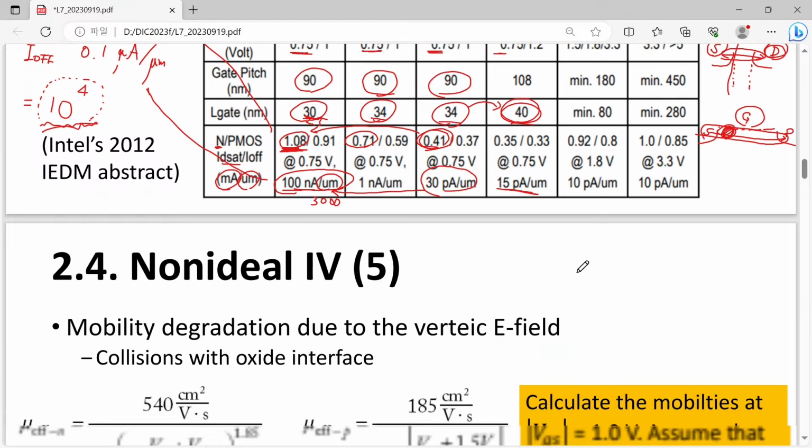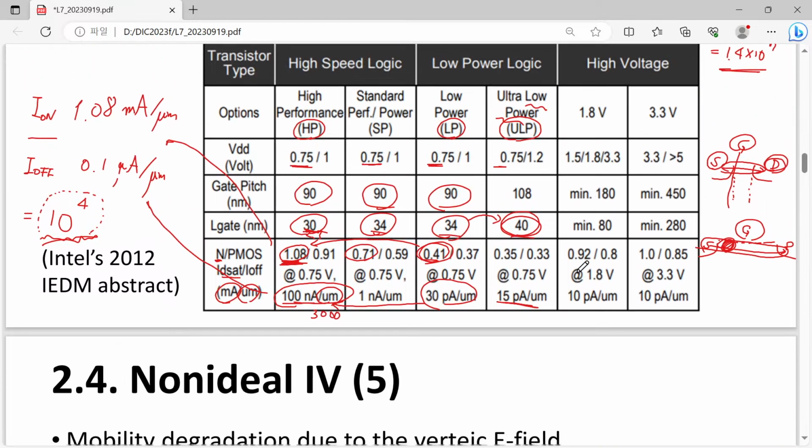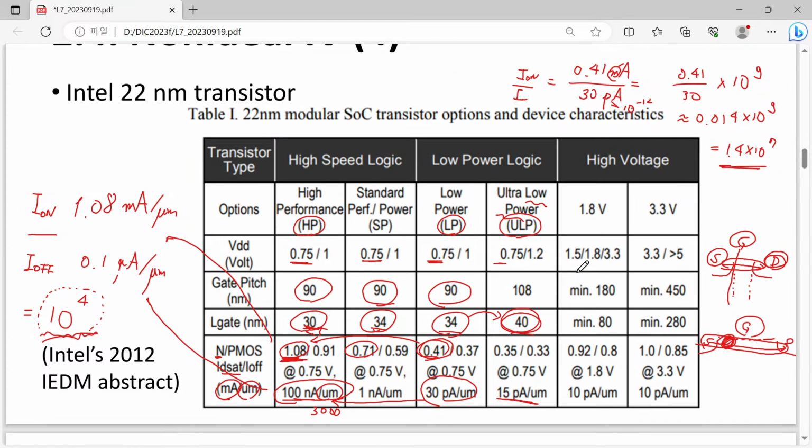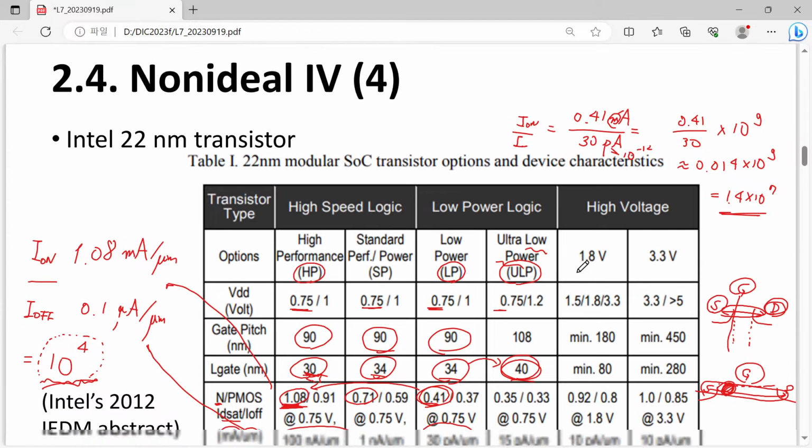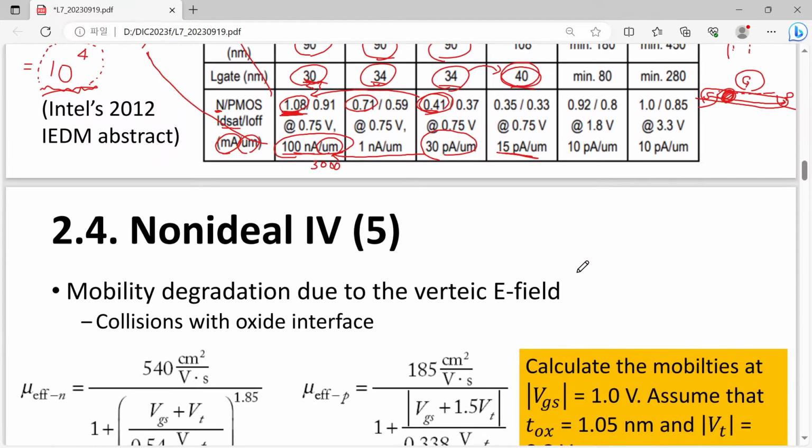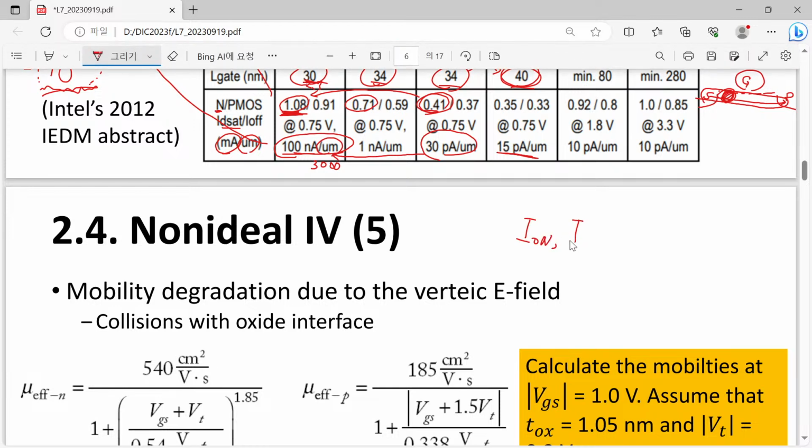Okay, so up to now we have just thought about what should be measured or quantified, and you can see that the most important ones are on current and off current, these two important metrics. And also we must consider input characteristics and output characteristics of our transistor.